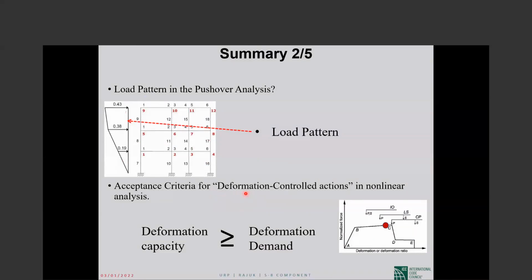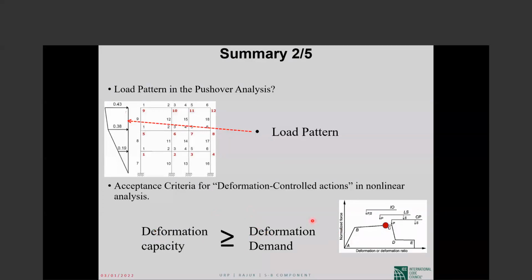Deformation capacity shouldn't be less than deformation demand. So, for example, if we are checking for life safety, the capacity is here, the demand is here, the demand passes it, so life safety is not attained here.